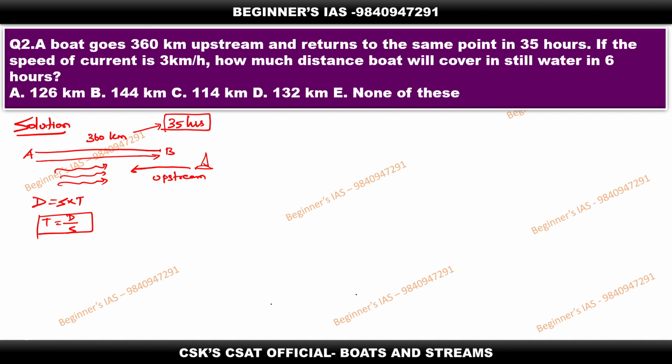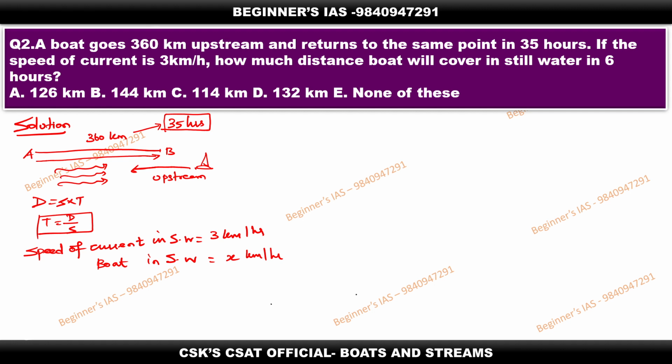Here what has been provided in the question? The speed of the current has been provided. You don't know the speed of the boat in still water, so you need to take it as x. The speed of the current is 3 km per hour. Then the speed of the boat in still water, you can take it as x km per hour.